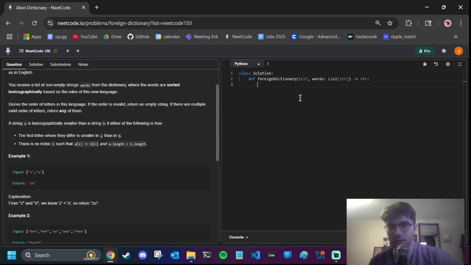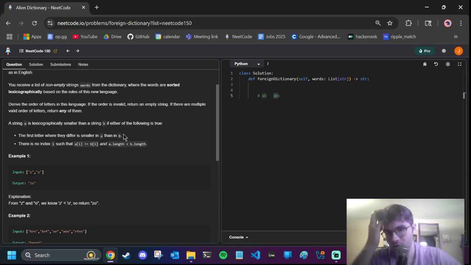So this means like if you have AB and ABC, this condition is true, and there is no index I where A of I does not equal B of I, assuming that I is in range.